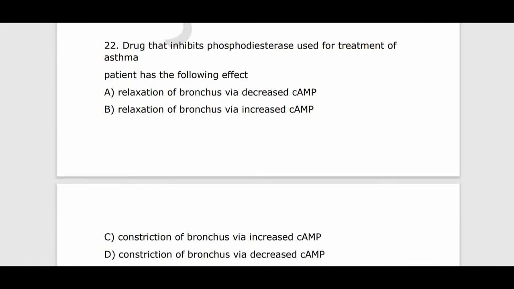So if you're inhibiting the phosphodiesterase enzymes, you are increasing the concentration of cyclic AMP, which will in turn lead to phosphorylation of some enzymes and eventually bronchodilation. So you have relaxation of the bronchus via increased cyclic AMP as the mechanism of action of aminophylline or theophylline.